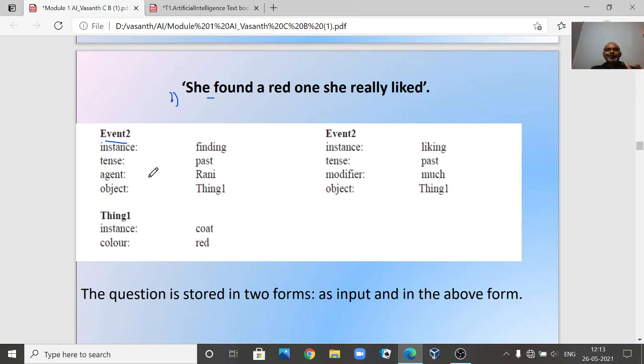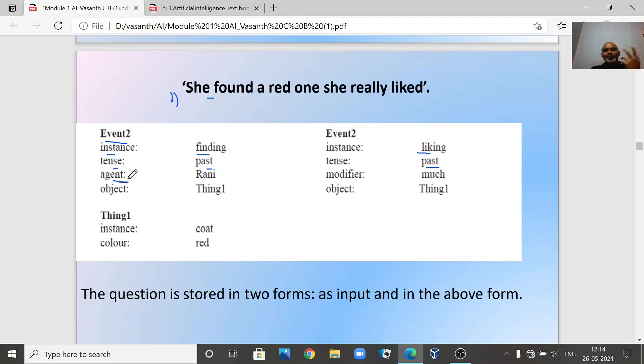But right now, understand that you will have something called an event. Finding is an instance, liking is an instance; like this we write. And tense: finding is past tense, and liking is also past tense.